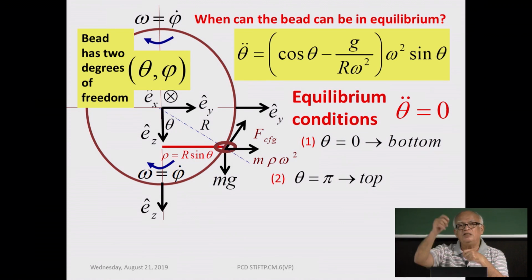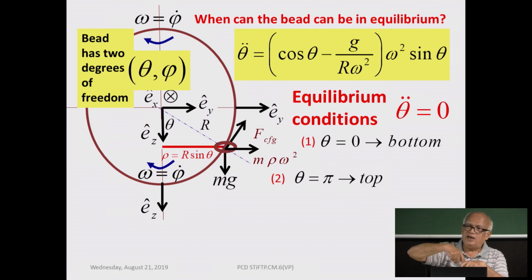So, these are the 2 points where the bead can be in equilibrium, but then we also discover that the bead can be in equilibrium even when cos theta is equal to g over r omega square. For whatever value of theta and for whatever value of omega, if theta and omega are so adjusted, and that depends on the angular speed at which the hoop is rotated about this axis.